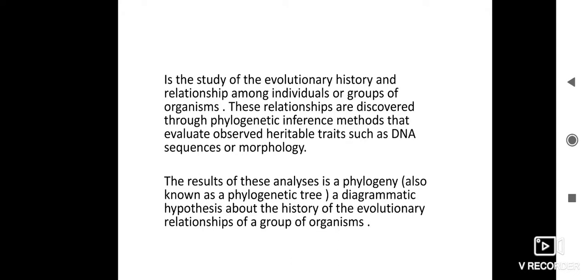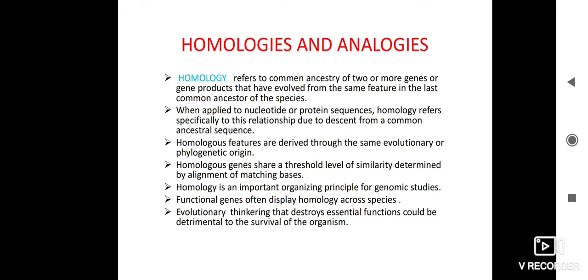The result of this analysis is a phylogeny, also known as phylogenetic tree, a diagrammatic hypothesis about the history of the evolutionary relationship of a group of organisms. Homologies and analogies. Homology.